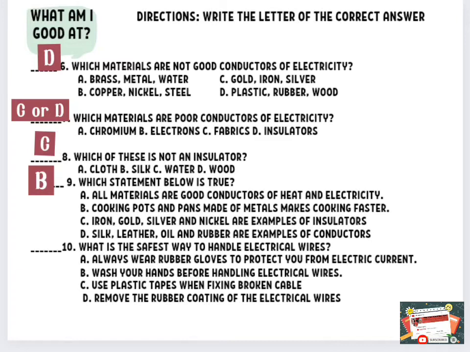What is the safest way to handle electrical wires? A. Always wear rubber gloves to protect you from electric current. B. Wash your hands before handling electrical wires. C. Use plastic tapes when fixing broken cable. Or D. Remove the rubber coating of the electrical wires. The answer is letter A. Always wear rubber gloves to protect you from electric current.